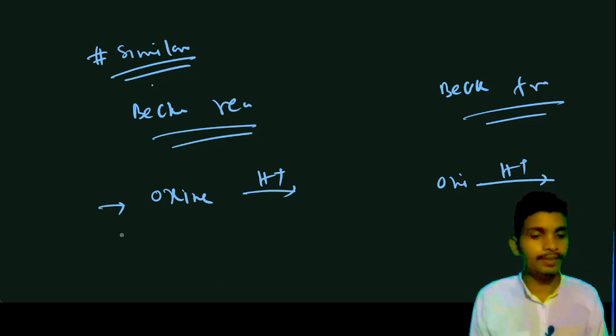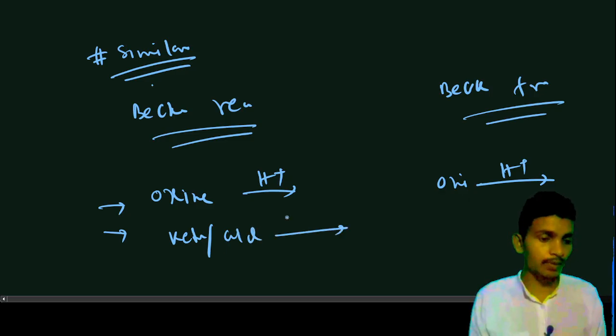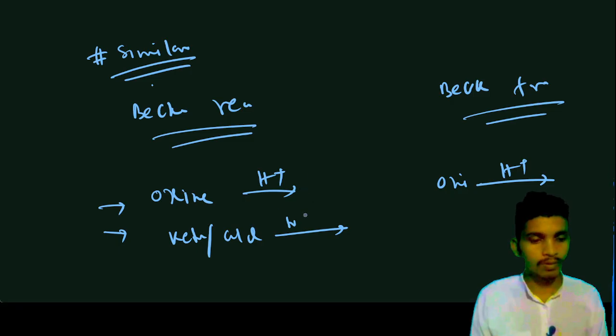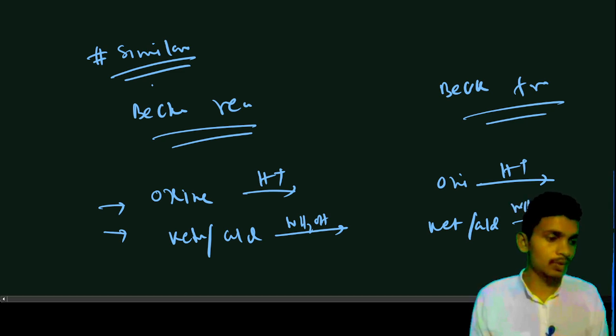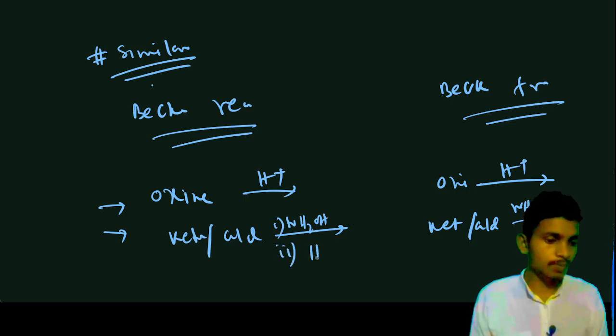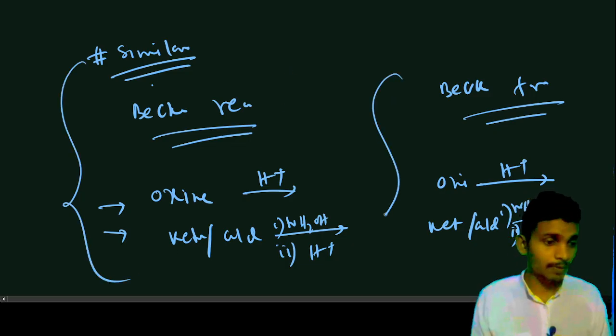Okay, everything is the same. And here also they will give ketones or aldehydes, then they will give NH2OH. Here also the same thing, ketones or aldehydes, they will give NH2OH. After that they will give H plus. So same things, everything is the same about Beckmann fragmentation.